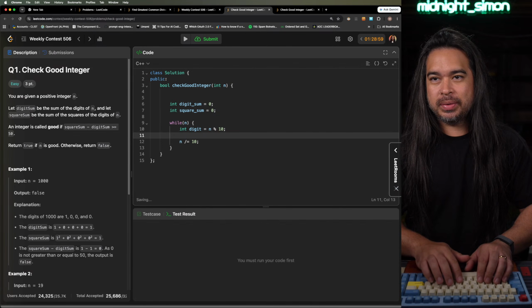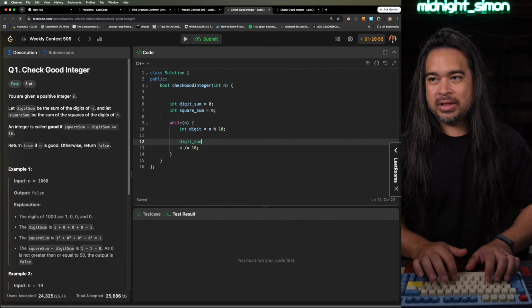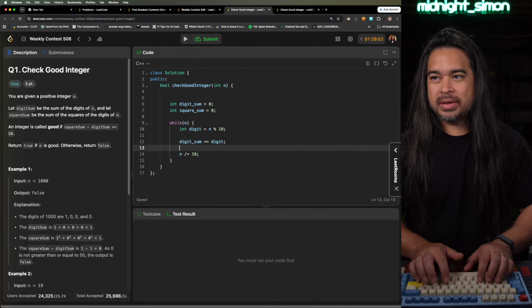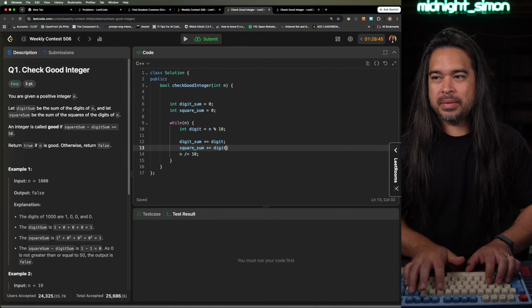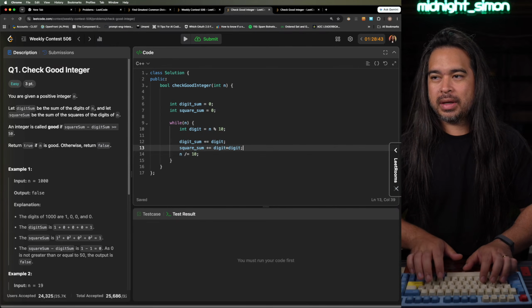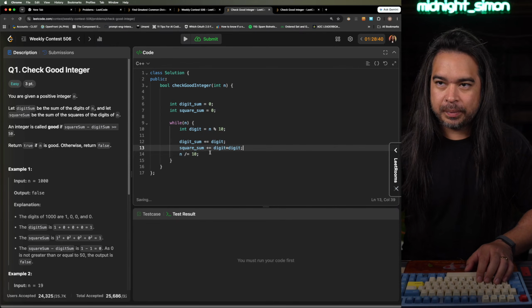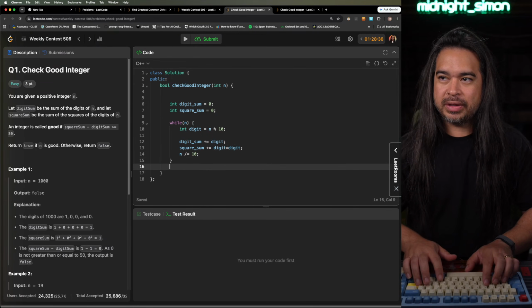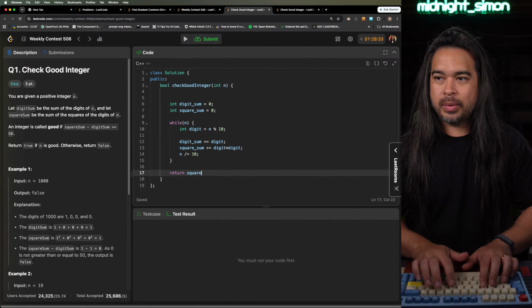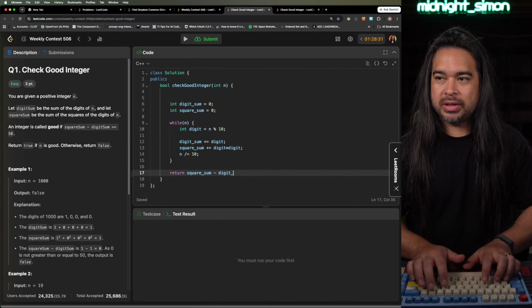We're trying to add the digit to digit sum, and we're trying to add the square sum, or digit squared. And then we just got to return square sum minus digit sum is greater than or equal to 50. That's what they want.